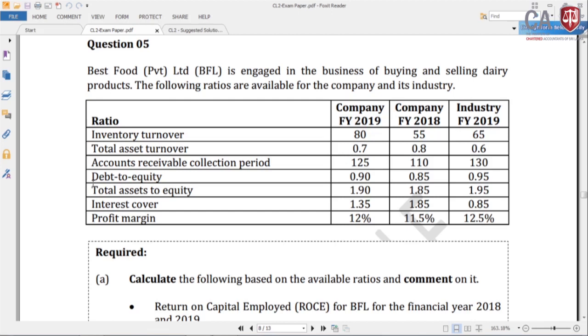Total assets turnover, 0.8 last year, 0.7 during the current year. Now, there is a decrease. So, these two are now moving in opposite directions. Inventories are sold more than what we could sell during the last year, but total assets turnover has dropped. Some of the assets in the company remain idle, no production.